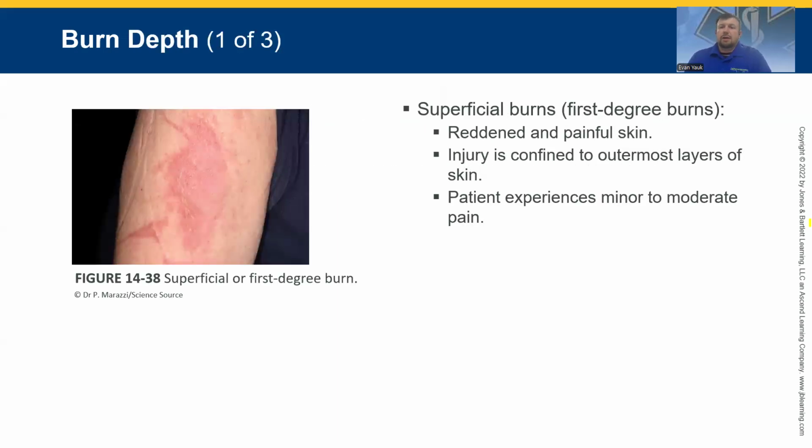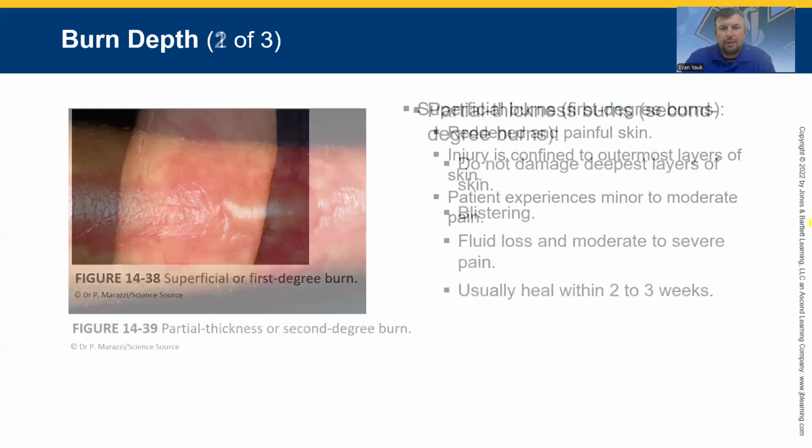So I'm old enough, I grew up on first degree, second degree, third degree burn. Now it is superficial, which is first degree. It's going to be red and painful, and it affects that outermost layer of the skin. You're going to have minor to moderate pain. This is a sunburn.